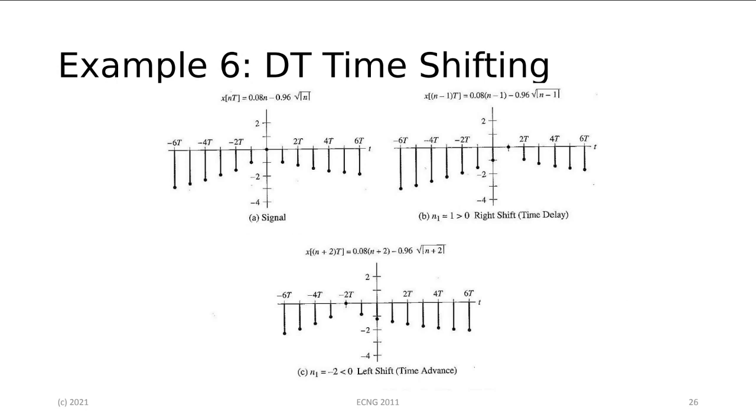And here's a discrete time version of it. The signal at the top right is what the original set of values looks like. If I delay it, again, notice where the 0 point has gone. The 0 point has gone here. In other words, it has been delayed by t, whatever t happens to be.